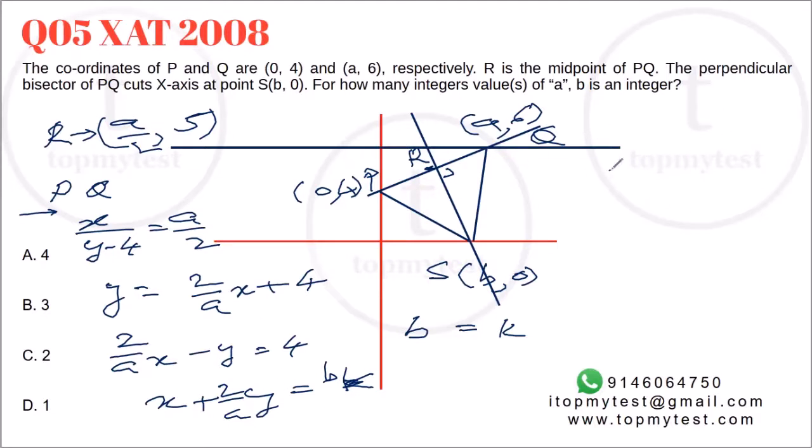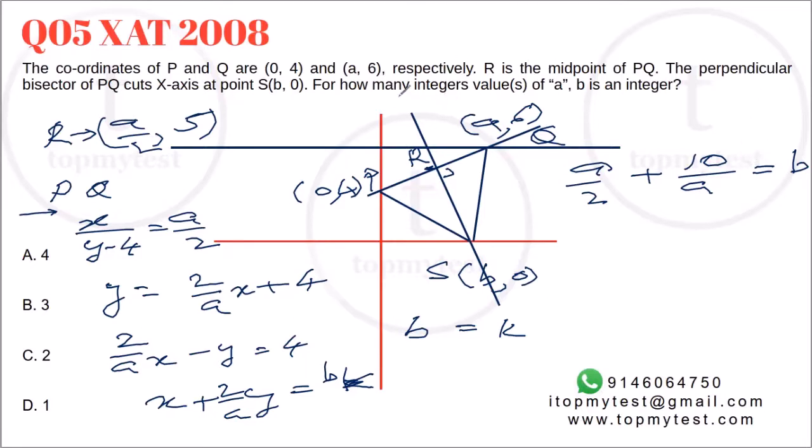You get a/2 plus 10/a should be equal to b. So this gives us the value of b directly in terms of a. Now we have a relation between a and b.